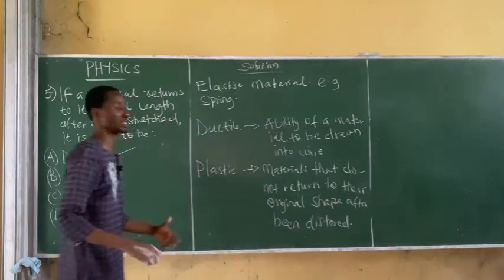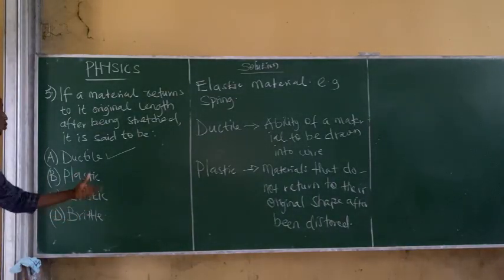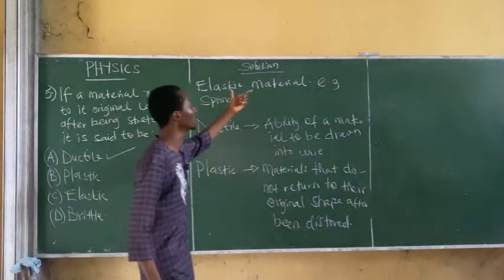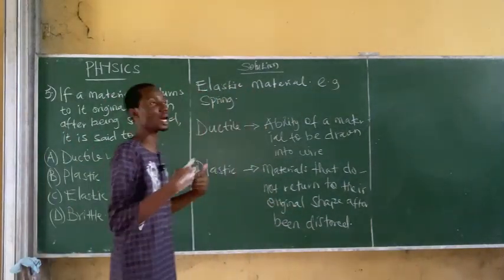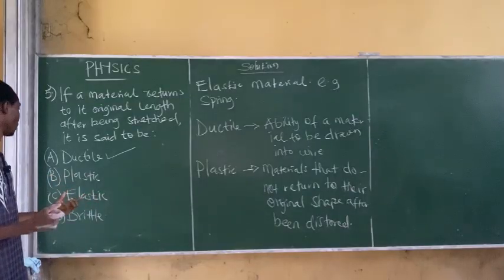That's what plastic materials are. The next we have here is elastic material, which we have explained. We said they are materials that return to their original shape and size after being stretched, after being distorted.